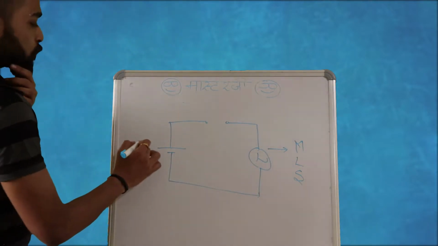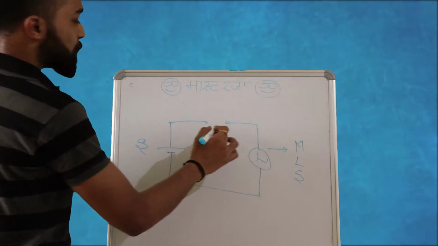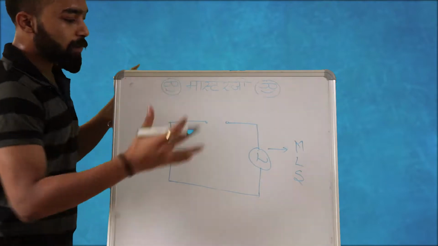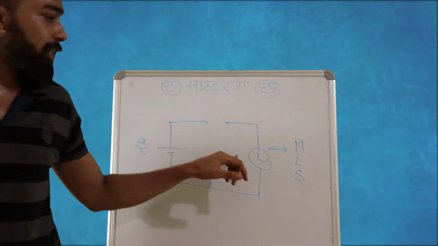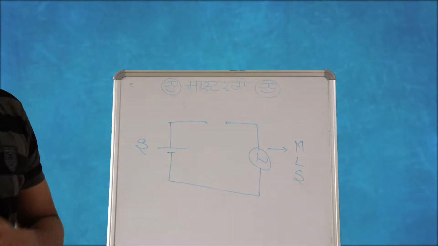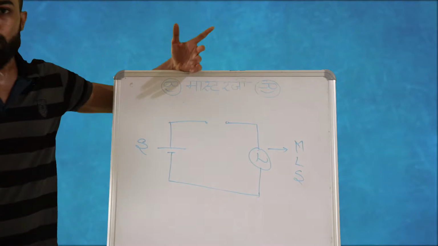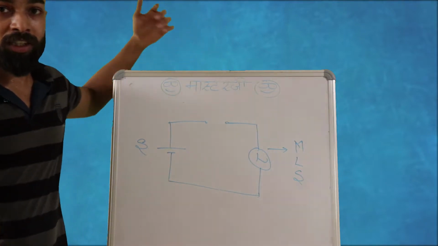So we have our source and we have our load. If I just connect this point to this point, the power delivered to the load will be constant. There won't be any kind of variation that you will be able to provide to your load. So no speed variation, no intensity variation, anything.